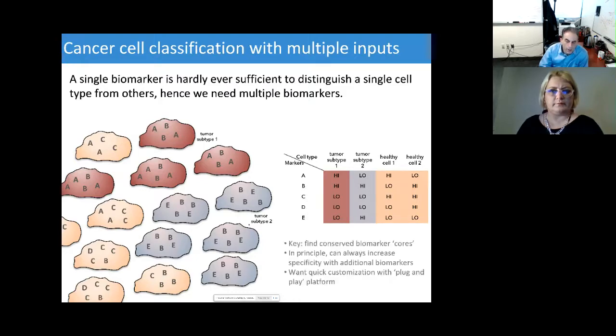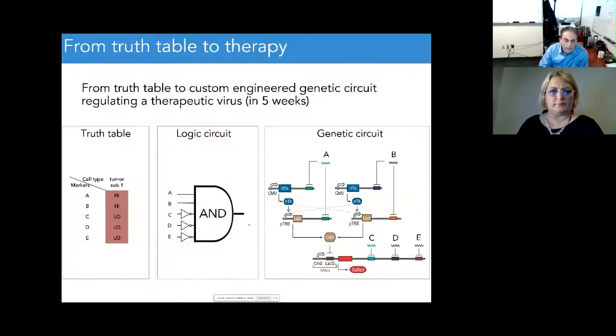And so then the question is, can we create a logic circuit using genetically encoded mechanisms that will respond and activate only when A and B are high, and C is not high, and D is not high, and E is not high. So can we create this multi-input logic function, this 5-input AND gate, so that this 5-input AND gate will basically very precisely distinguish between tumor and non-tumor cells. And so we would only destroy the tumor cells, and we would leave healthy cells unharmed.